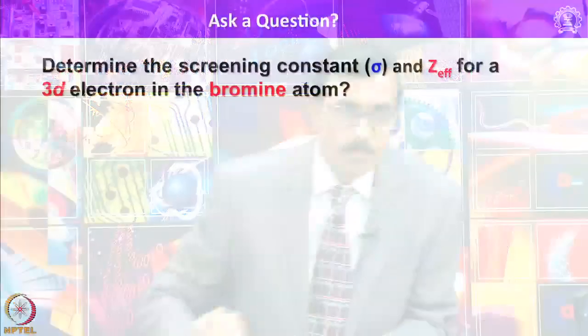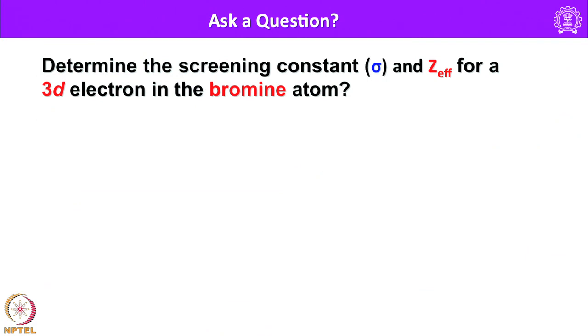Let us look into one more example here. Determine the screening constant and effective nuclear charge for a 3d electron in the bromine atom. The same exercise one has to do.